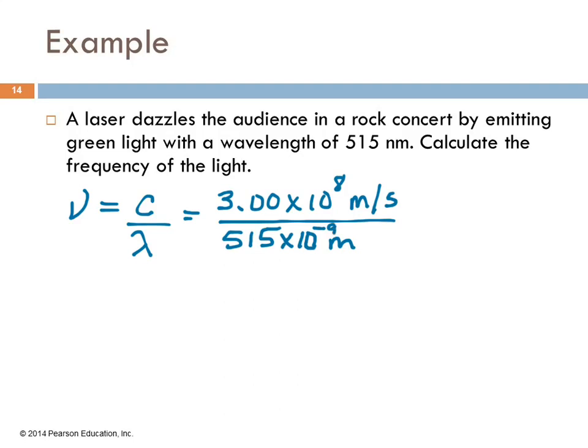Now, that's not proper scientific notation, but your calculator will still understand it. So 3 EE8 divided by 515 EE minus 9 equals, probably 3 sig figs, 5.83 times 10 to the 14th.